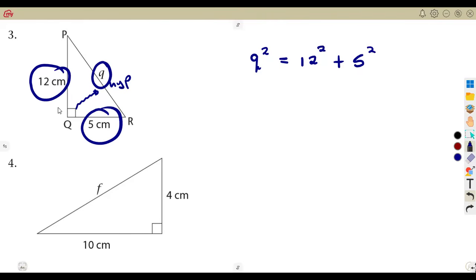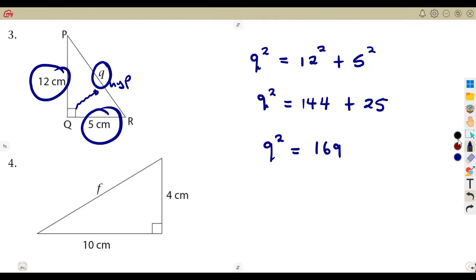We have our values already, so we're simply going to substitute that. Q squared is equal to 12 squared, 12 times 12, that is 144, plus 5 squared, which is 25, 5 times 5. We add the two, which was going to give us 169.